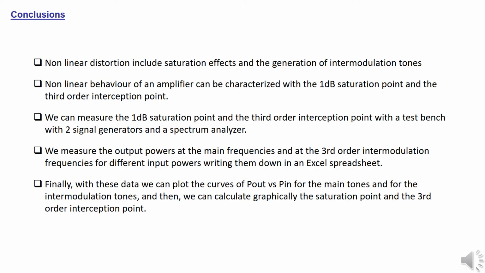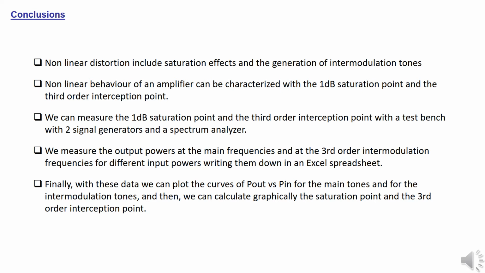To sum up the conclusions of the practice, we have learned what nonlinear distortion is. It includes saturation effects and the generation of intermodulation tones. We have seen that the nonlinear behavior of an amplifier can be characterized with the 1 dB saturation point and with the third order interception point.